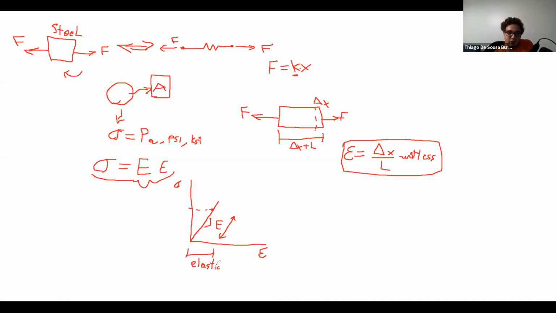However, for materials, there comes a point where I end up applying too much load onto it, and at that point it actually starts deforming, and it's no longer linear. So Hooke's law only applies from here to here. Once we get to this point, there's no more empirical formula, so there's no more Hooke's law for us.